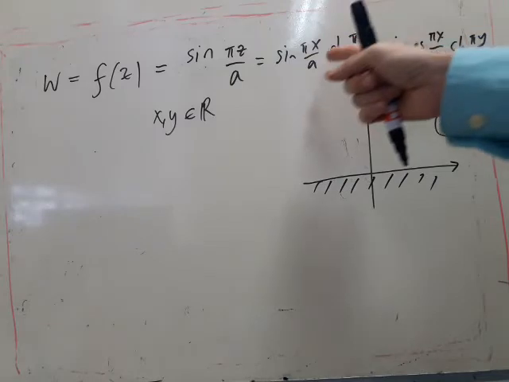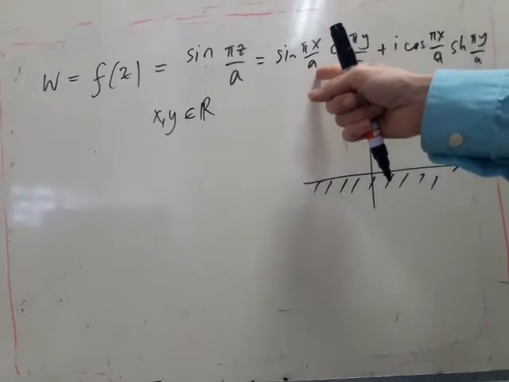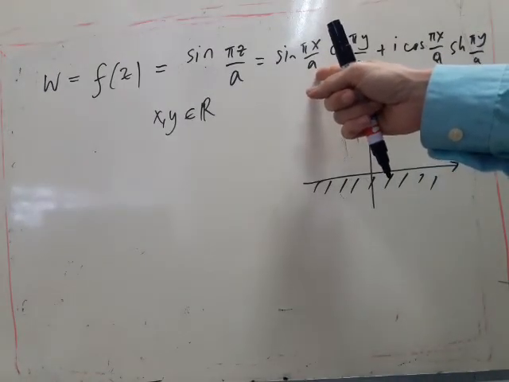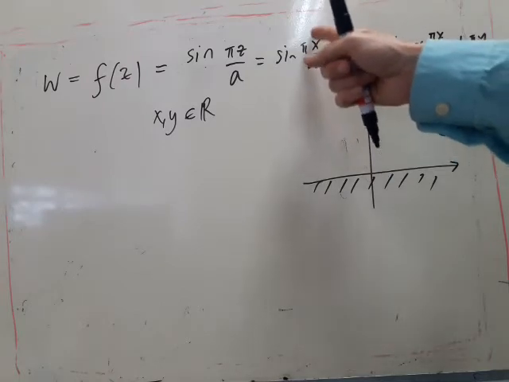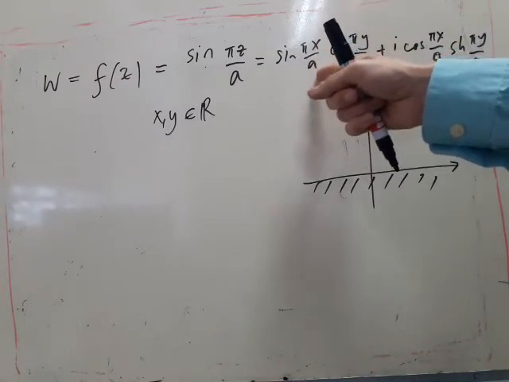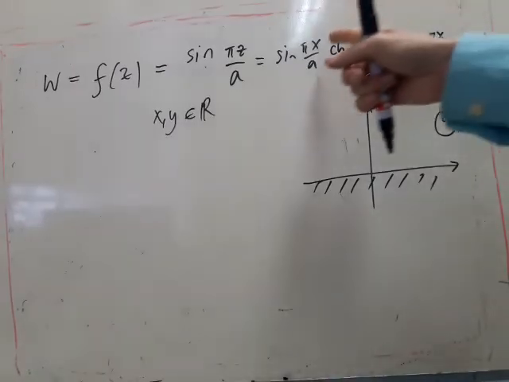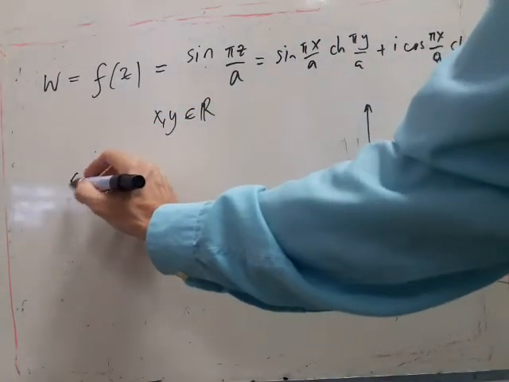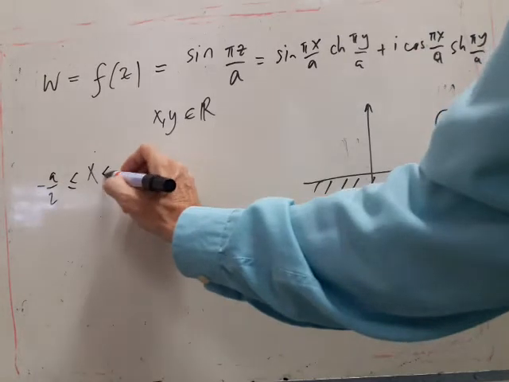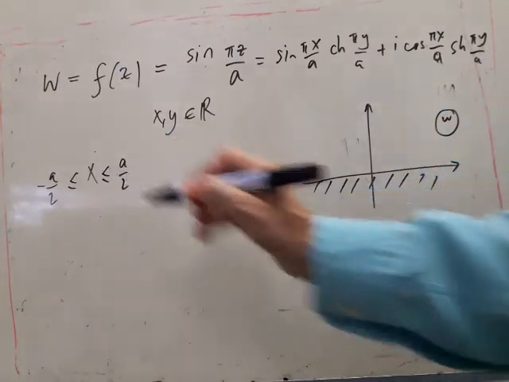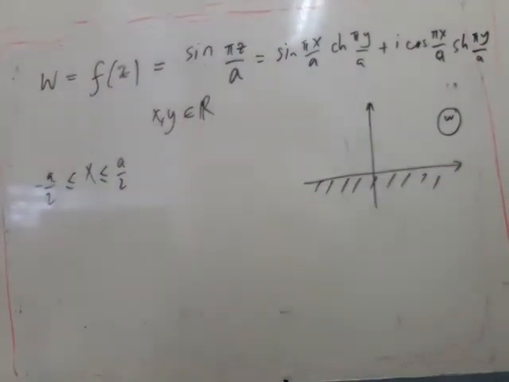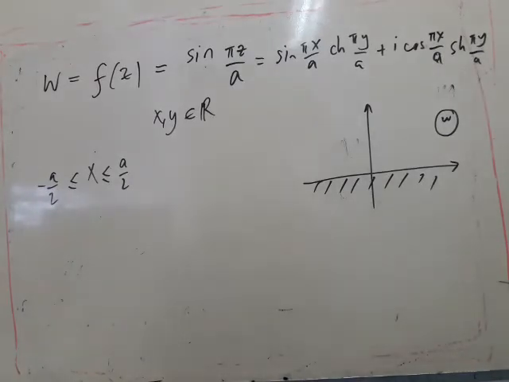One way of ensuring that this is of either sign is to make this argument vary between π/2 and minus π/2. We can do that by choosing x to vary between minus a/2 and plus a/2.